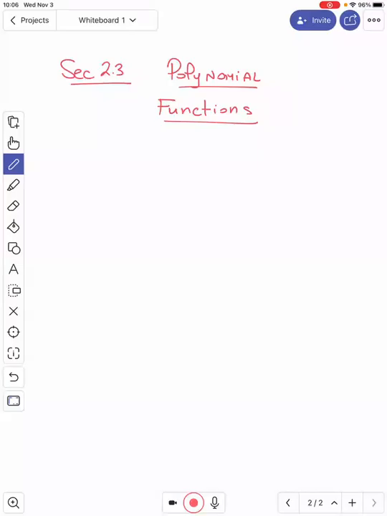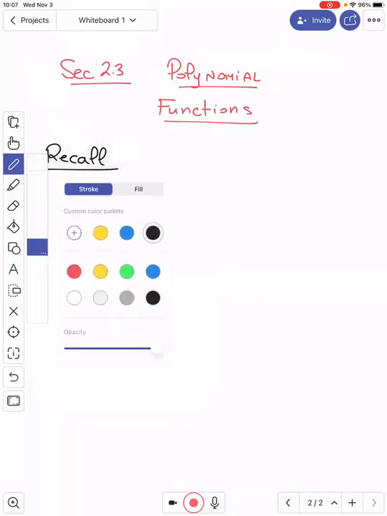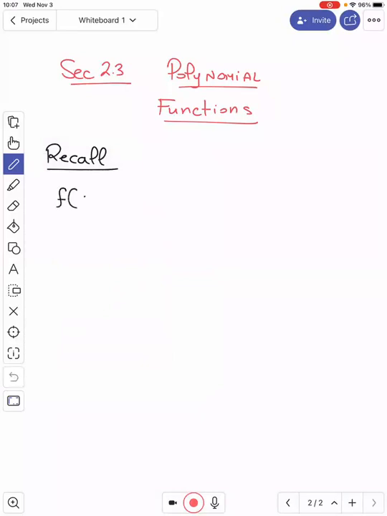All right. Just to remind you very quickly, the definition of a polynomial function.